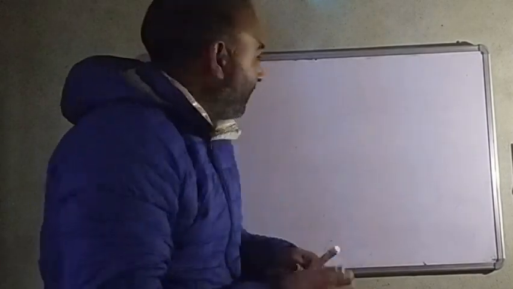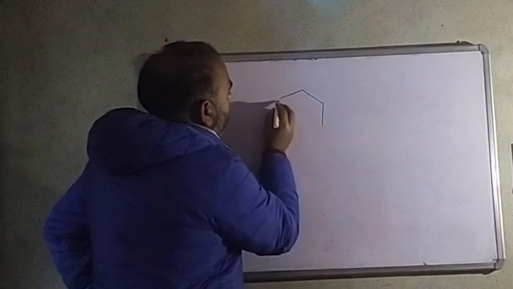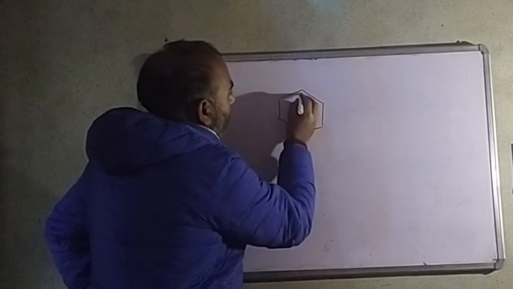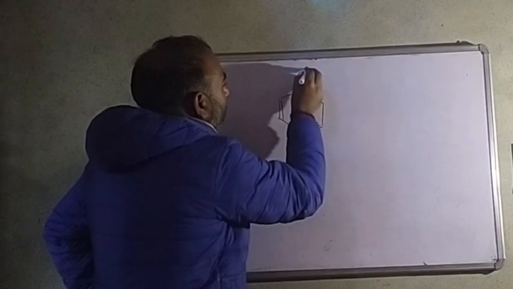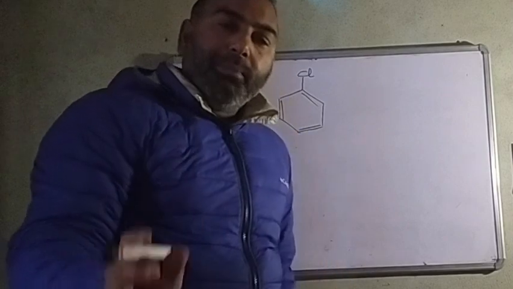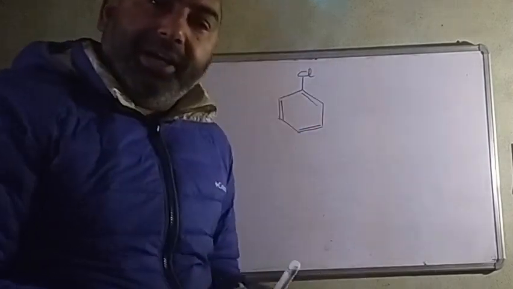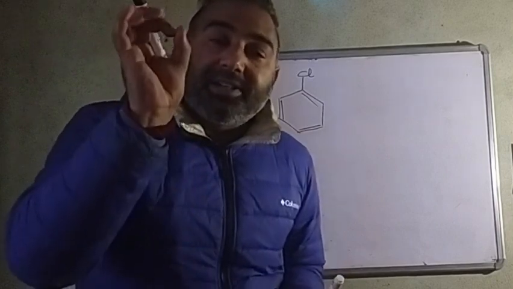See, this is chlorobenzene. Benzene, you know, it has alternate single and double bonds. It's a conjugated system.